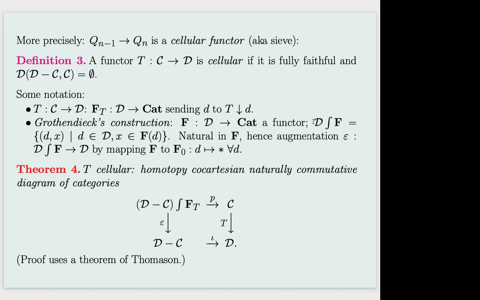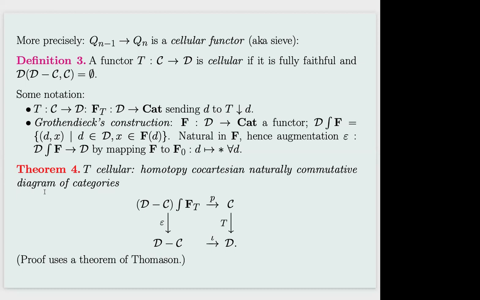In any case, this Grothendieck construction is naturally fibered over D, so you get an augmentation from it to D by mapping F to the constant functor which sends every object to the one-point category.